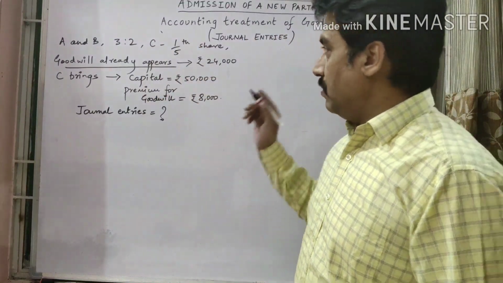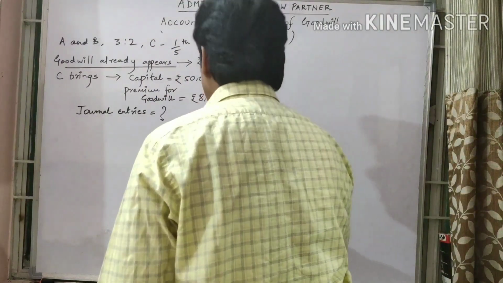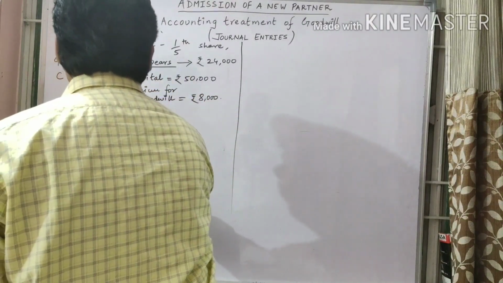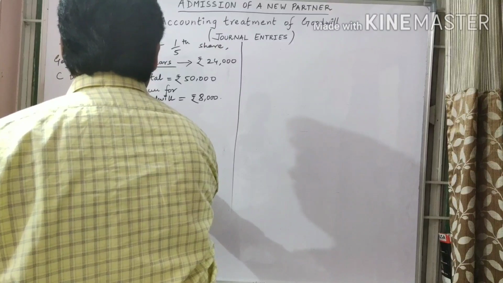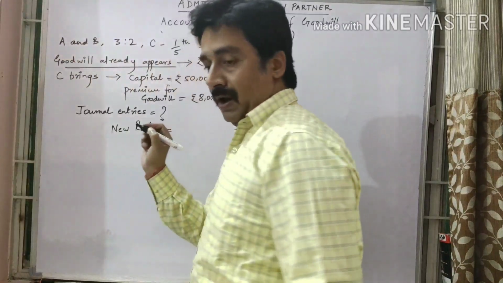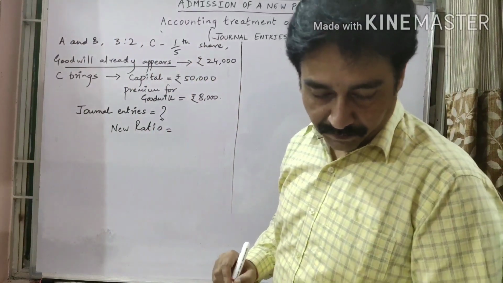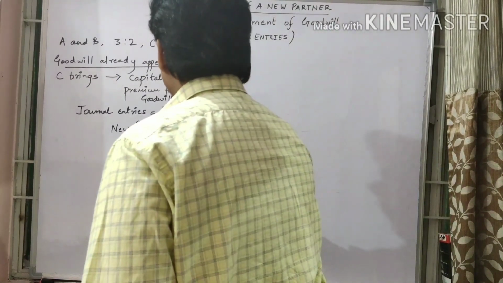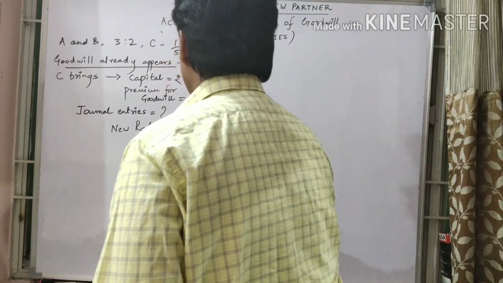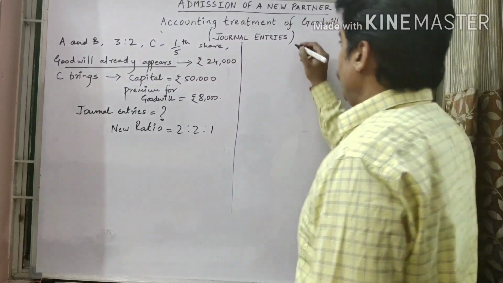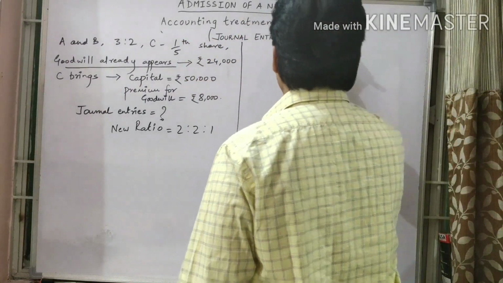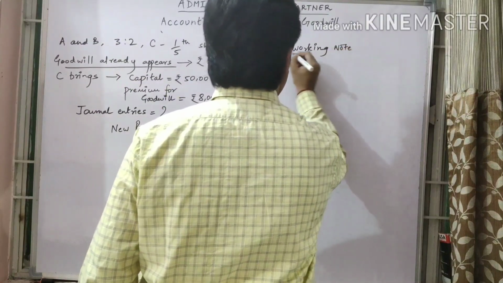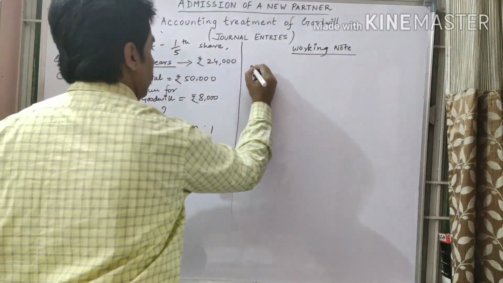Okay, so as I said, in this question they have given you a new profit sharing ratio also, and because of that new profit sharing ratio, you will have to calculate the sacrificing ratio of the partners. This is the new ratio given in the question. Okay, so we'll make the working note very quickly and find out the sacrificing ratio of the partners.